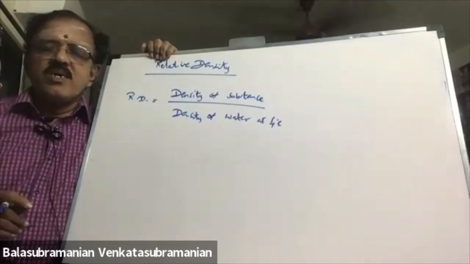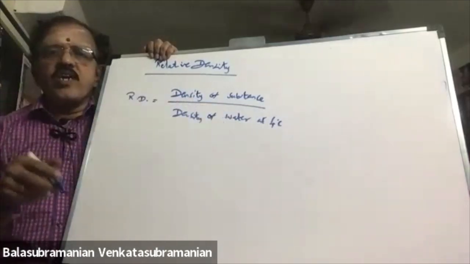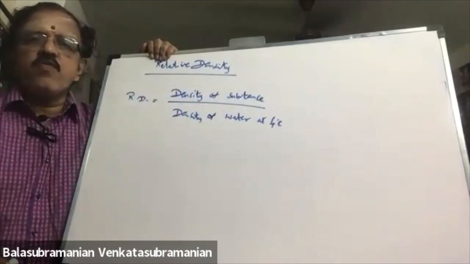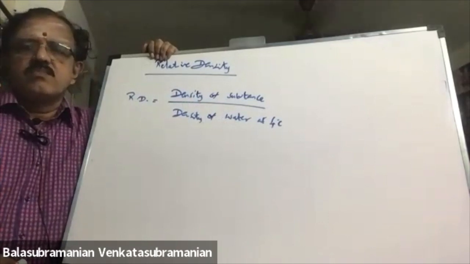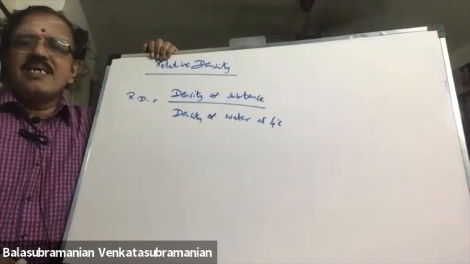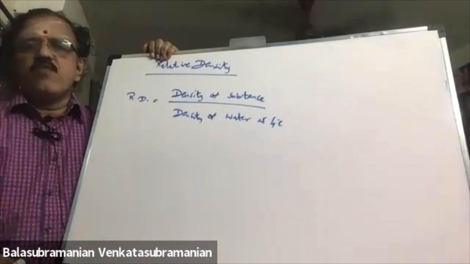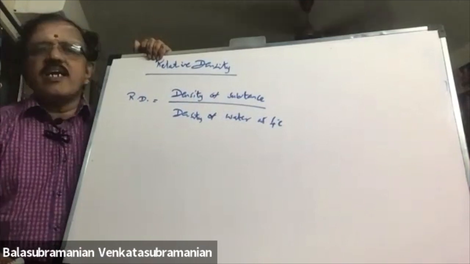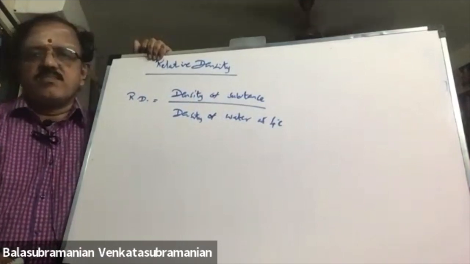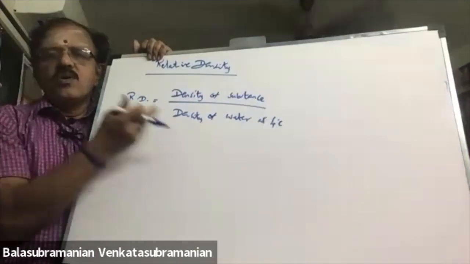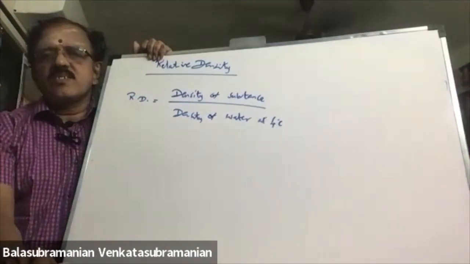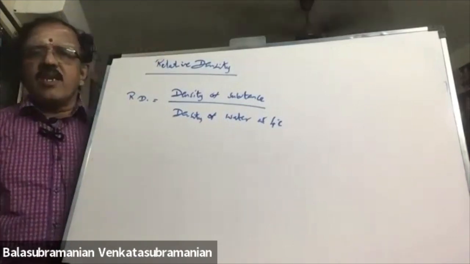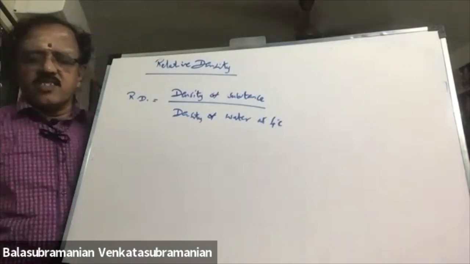It is correct. But why density of water at 4 degrees Celsius do we have to calculate? Density of water is maximum at 4 degrees Celsius. At 4 degrees Celsius, water density is 1 gram per centimeter cube. So the relative density value will be high. When the denominator is low, the total value will be high. That is the meaning. For accurate calculation, we use the density of water at 4 degrees Celsius.